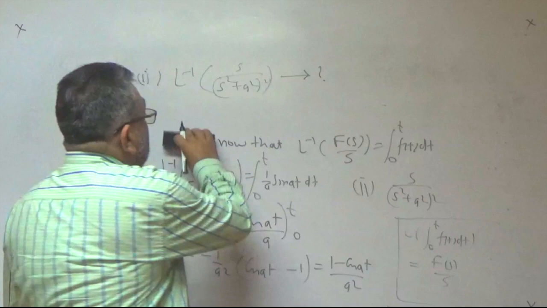Now, first of all, I will prove this theorem, and then I will discuss how we can use this theorem to solve numerical questions. To prove this theorem, let us assume that the function phi(t) is equal to the integral from 0 to t of f(u) g(t minus u) du.